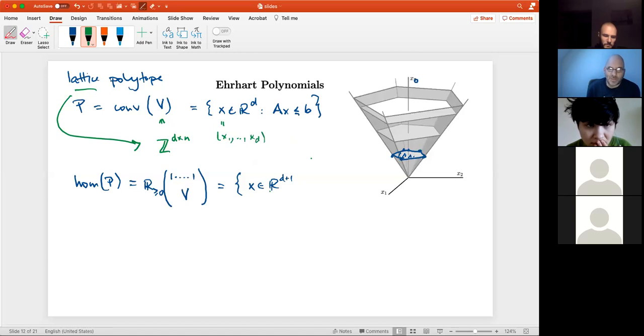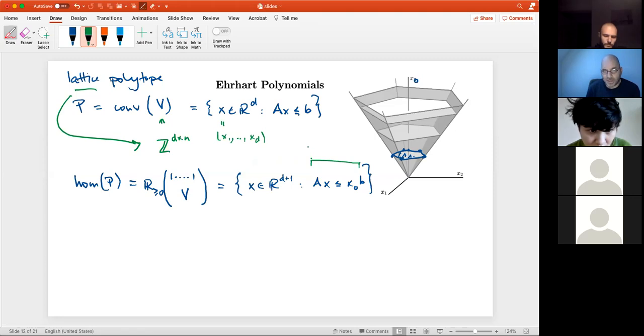And now I'm adding an x0, which will be just a scalar in front of this vector b. Or if you prefer, you can rewrite this system by bringing the b vector to the other side.